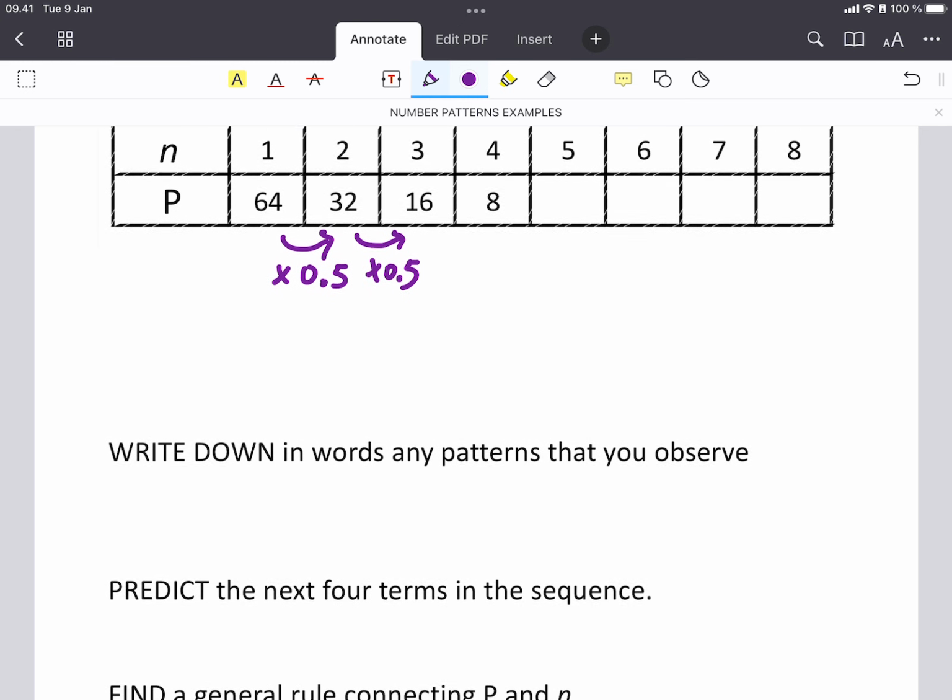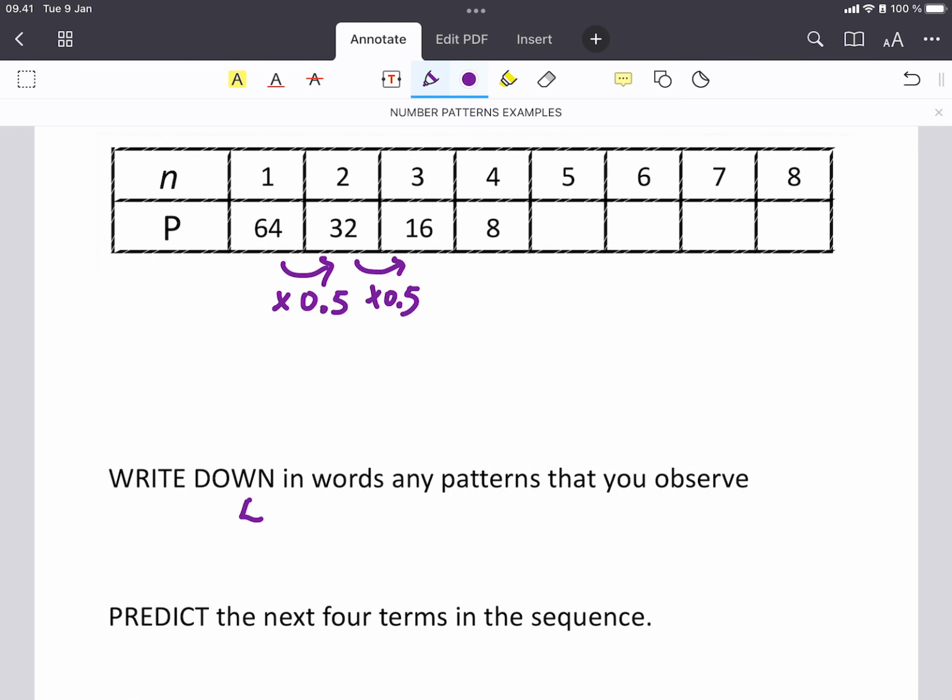So write down in words any patterns that you observe. Each term is half the previous one, for example.